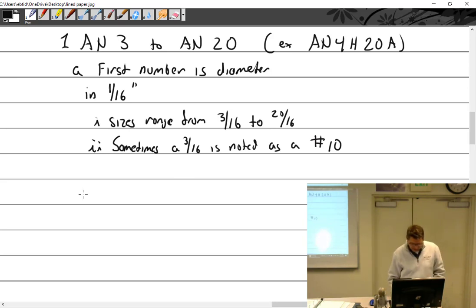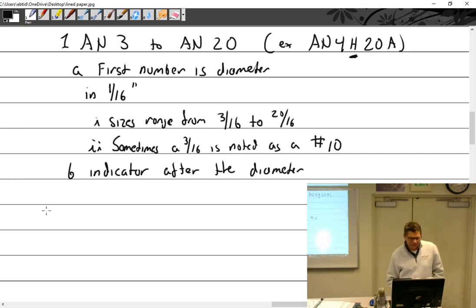So, all right. After diameter, let's see. Length. Oh, wait a minute. No, I don't want to write that. Stick with my notes. It actually makes sense. Indicator after the diameter. That is whatever this is right here.